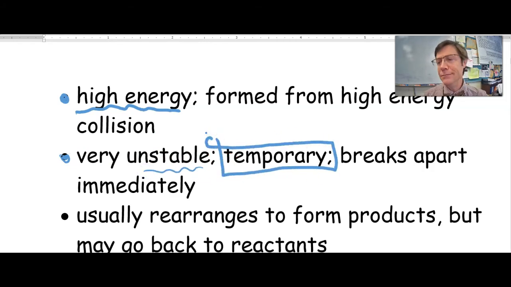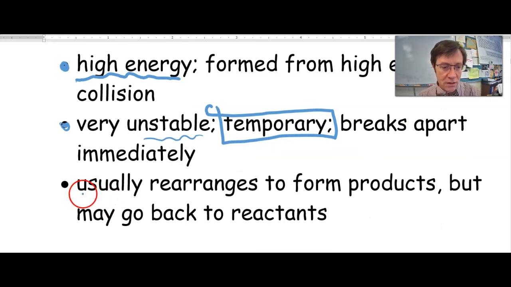Like a billionth of a second, a millionth of a second. The actual length doesn't matter. It's pretty darn quick. It's like a flash in the pan. As soon as the reactants collide and the activated complex is created, it starts to fall apart.